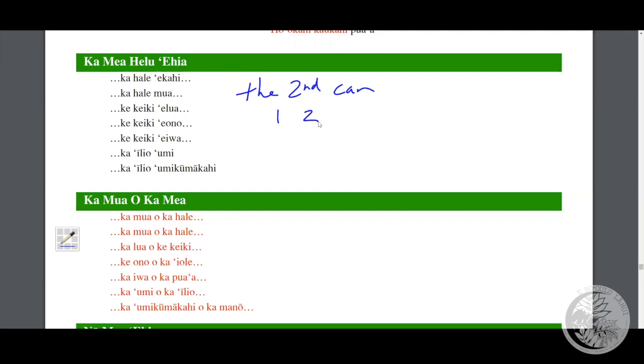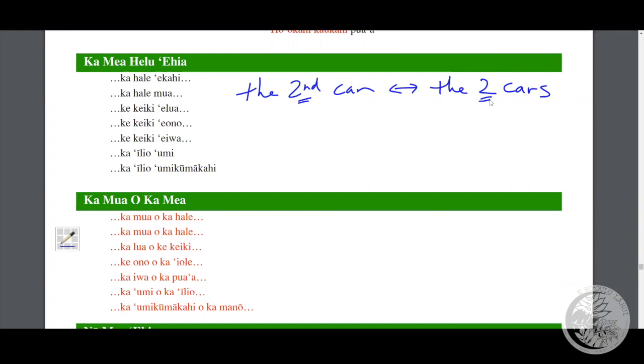Let me clarify a little bit. There's a difference between the second car and the 2 cars. The first thing to realize, these are not saying the same thing. This one, they're talking about one of the 2 cars, the second one, not the first one. In this one, they're talking about 2 cars, specific 2 cars.